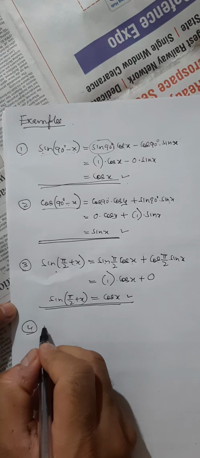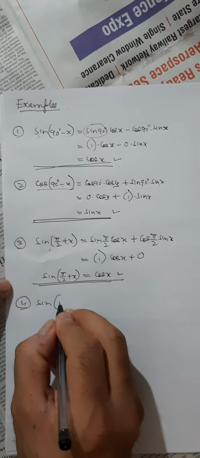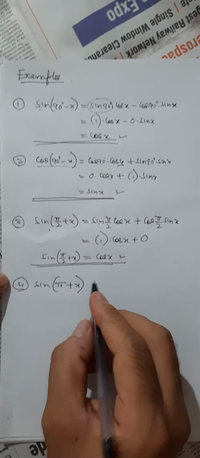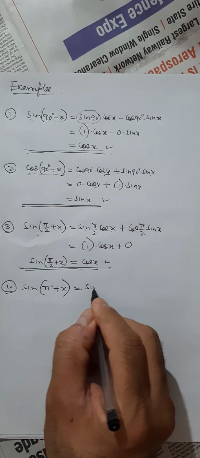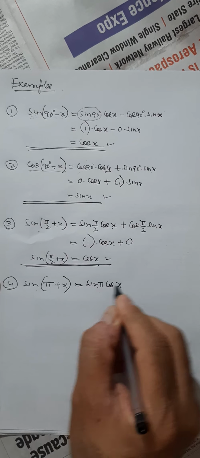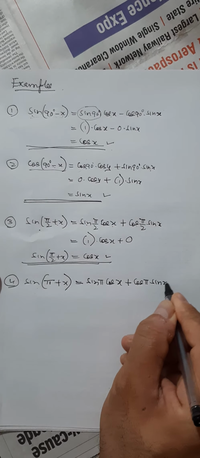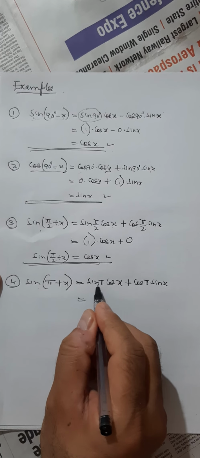One more, suppose I want to take sin(pi plus x). Let's expand this, we want this. So how do I get this? Again, the addition formula for sine: sin x into cos y plus cos x into sin y, y is x here. What is sin pi? 0.